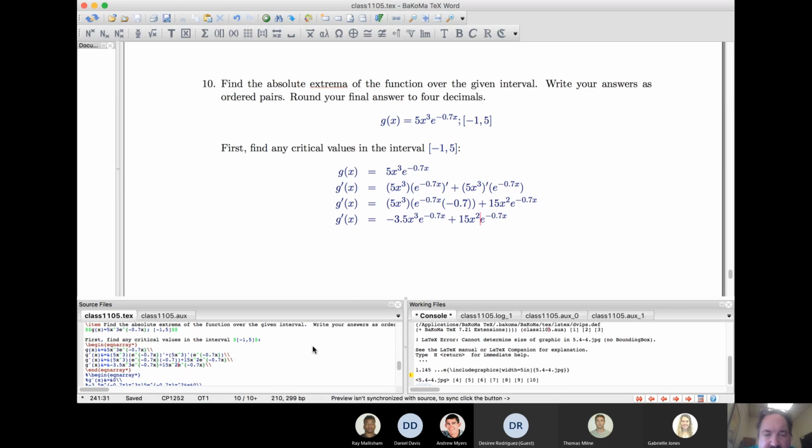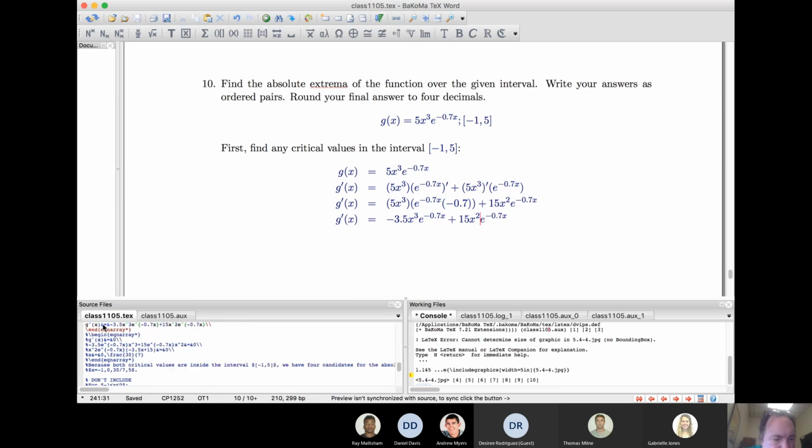We have to find out where it's equal to 0, though, and it looks like it's going to be kind of a pain. But one thing that is helpful, and this often happens with exponential functions, is that when you have an exponential function involved, you're taking a derivative, generally every single term involves that same exponential function. And what that means is you can factor it out.